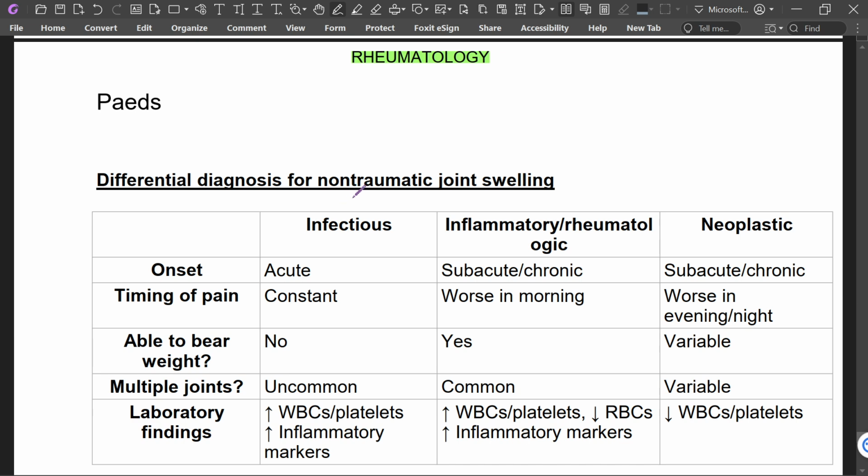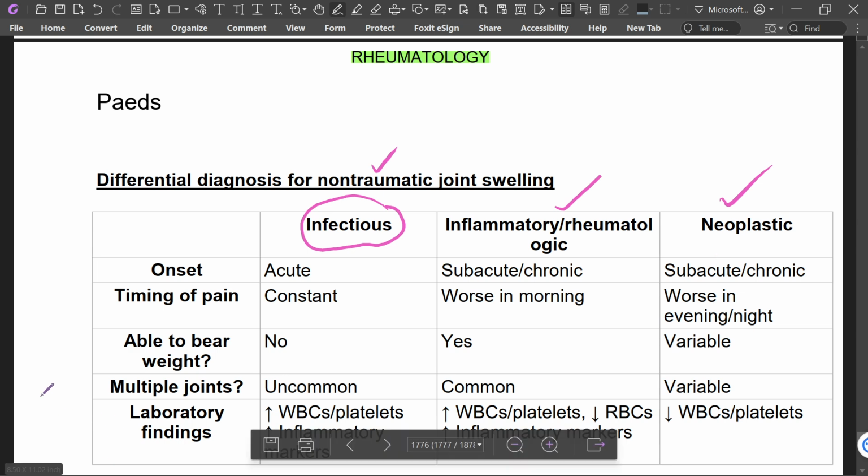Okay, moving on. What are the differential diagnoses of non-traumatic joint swelling? There is no trauma, but there is joint swelling. It may be infectious, it may be inflammatory or rheumatological, or it may be neoplastic.